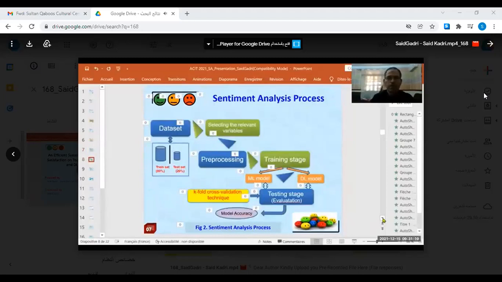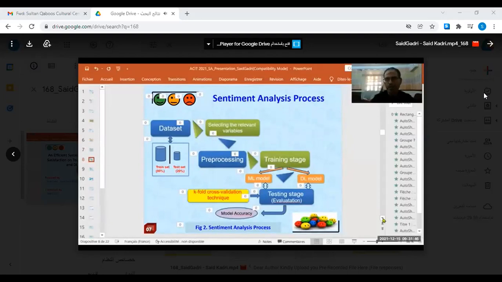For the sentiment analysis process, we must have a data set which is divided into two parts: the training set, which represents 80%, and the testing set, which represents 20% of the global data set. Then we must select the relevant variables to use, and we proceed to a pre-processing task. Then we start the training stage to build a machine learning model and a deep learning model.